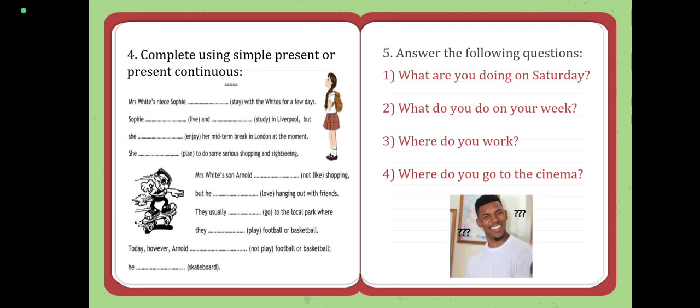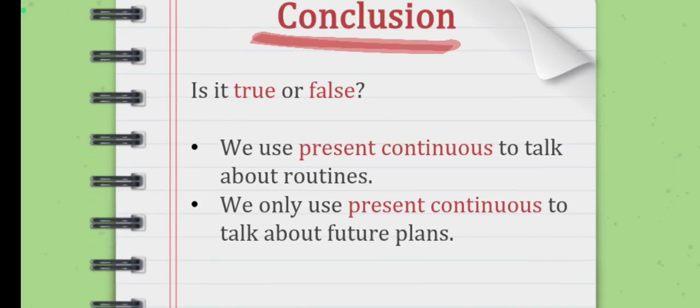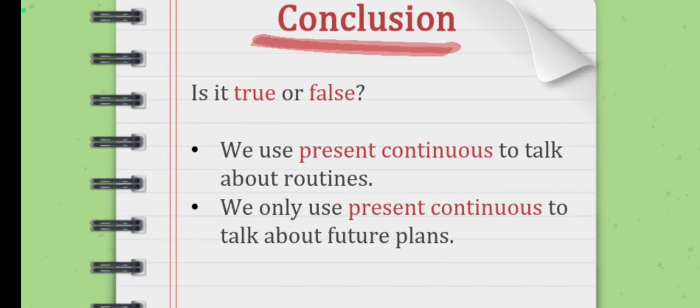So, all students, here we have some sentences that I am going to read, and you're going to say if they are true or false and why. We use present continuous to talk about routines. Is this true or false? False. It's false. Correct.